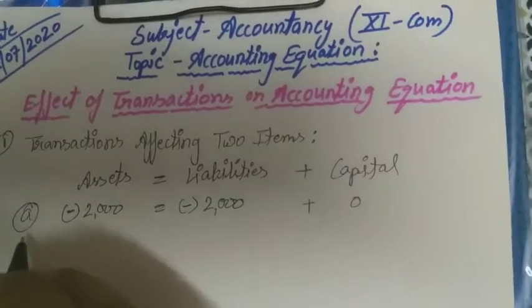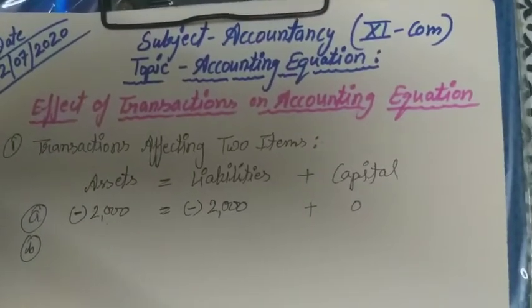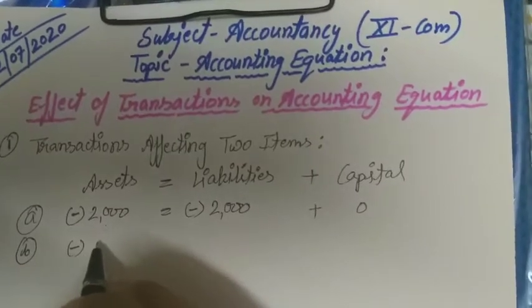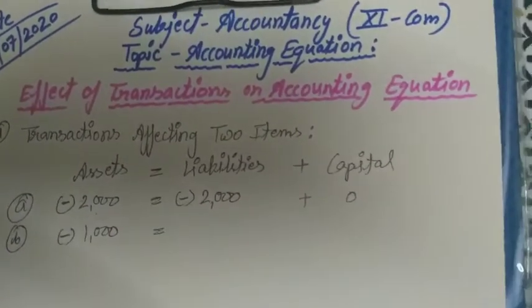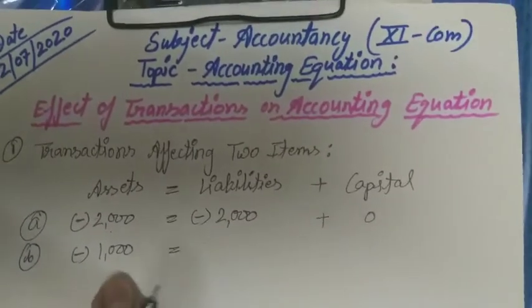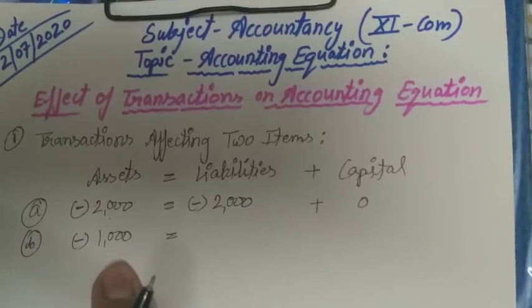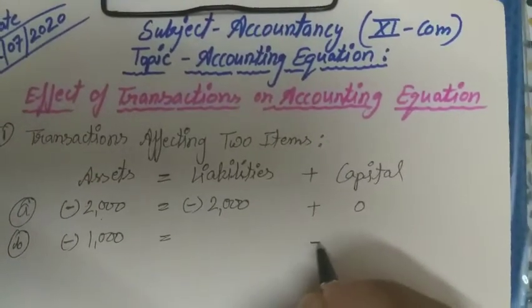One more example: paid salary. Assets are reduced, only 1000 salary we have paid. Assets will reduce because cash is going out, and expenses are subtracted from capital.